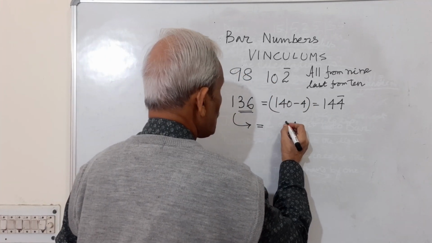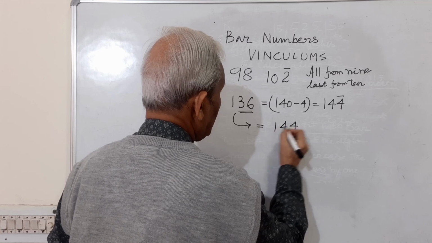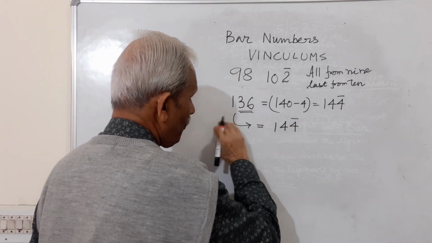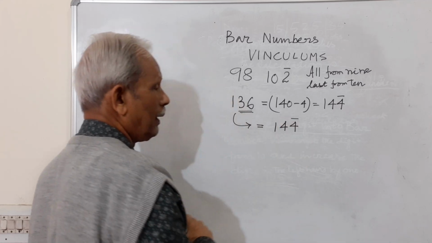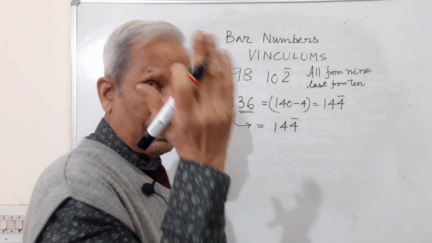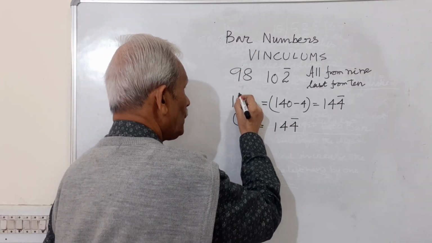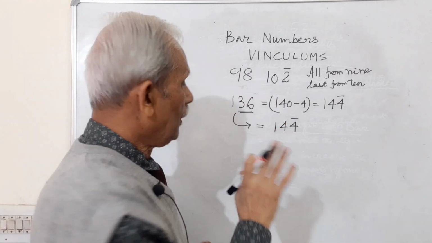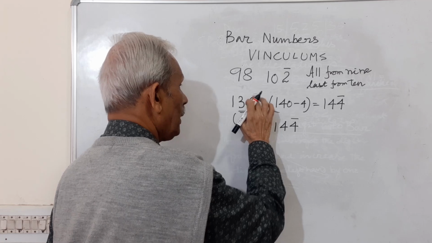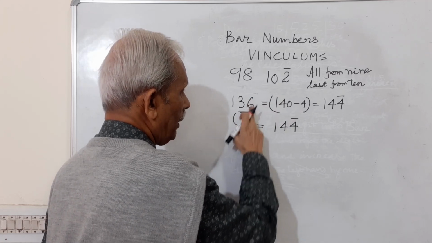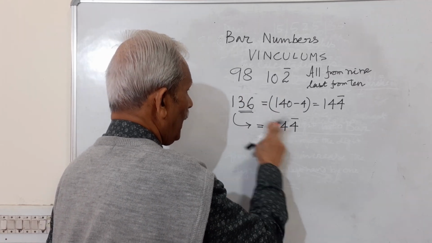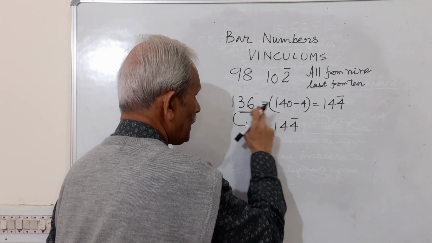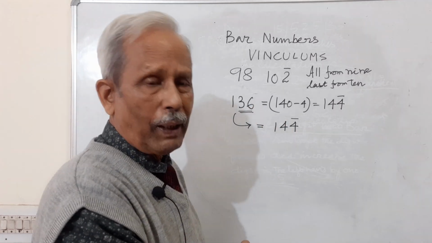So 3 is increased to 4 and 1 is here: 1, 4, 4 bar is the vinculum of 136. It would have been different if we changed both numbers into vinculum; we will see that later. Right now we are converting this number into vinculum, and for that 10 minus 6 is 4, and this 3 is added with 1 to make it 4. So 6 is converted into vinculum, or 4 bar.